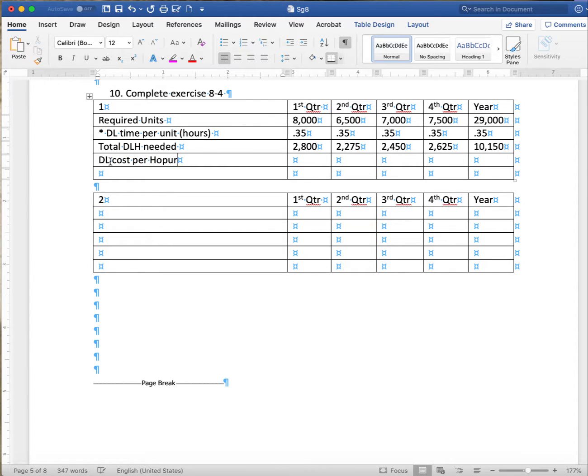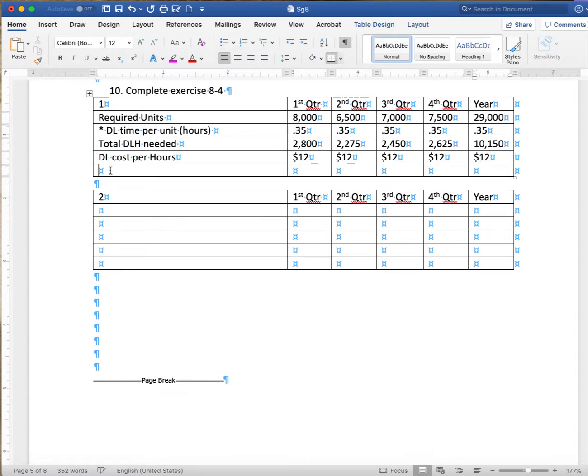Now the problem told us that these people receive $12 per hour. So guess what I'm going to do? I'm just going to fill it in. $12 per hour across all quarters. So now we're just going to multiply total direct labor hours needed by that hourly rate of $12.